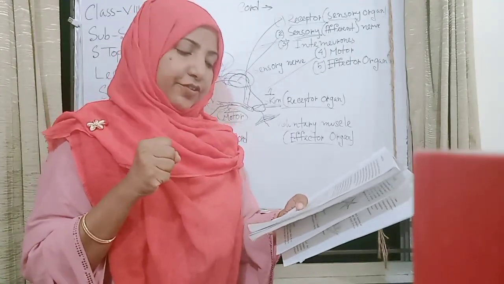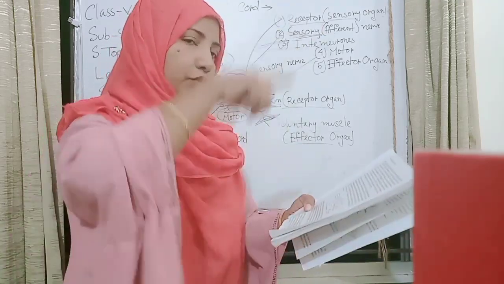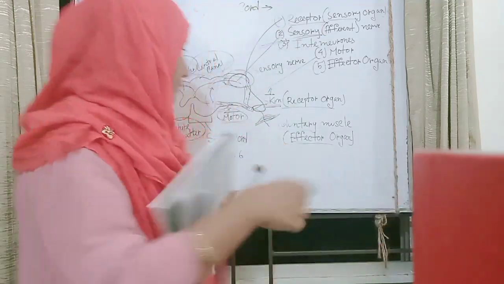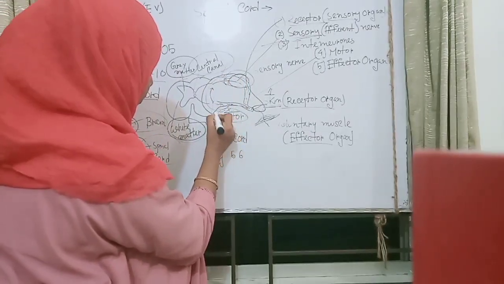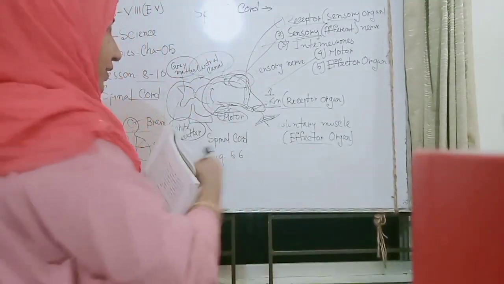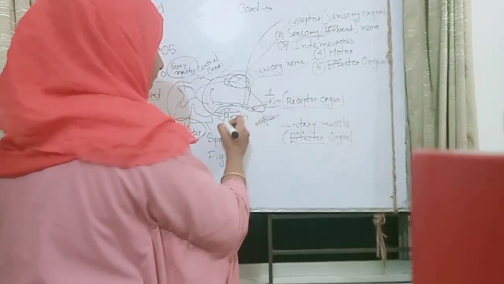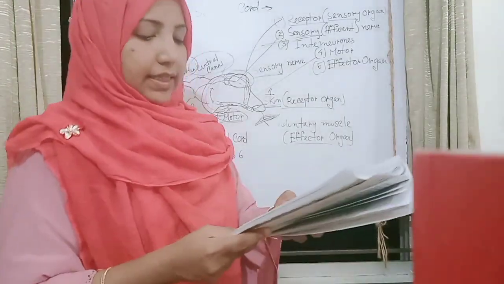This painful stimulus passes into the spinal cord through sensory spinal nerves. This structure is the spinal cord. Here there are two nerves: first the sensory nerves, and second the motor nerves.